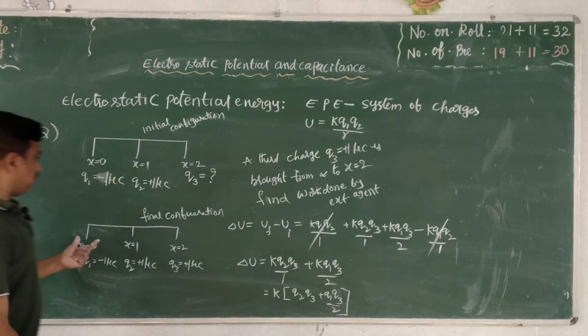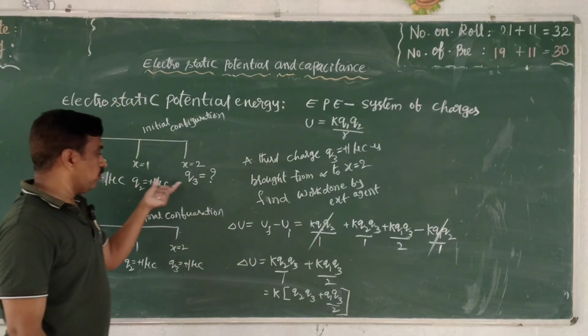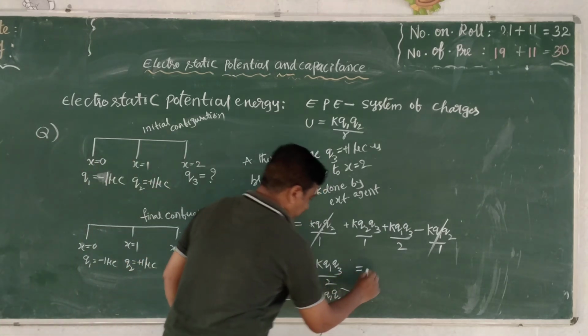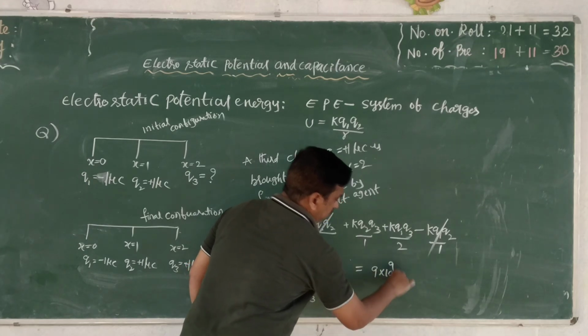Here Q1 is minus 1 microcoulomb, Q2 is plus 1 microcoulomb, and Q3 is plus 1 microcoulomb. We can substitute. K is 9 into 10 power 9, a fixed value.